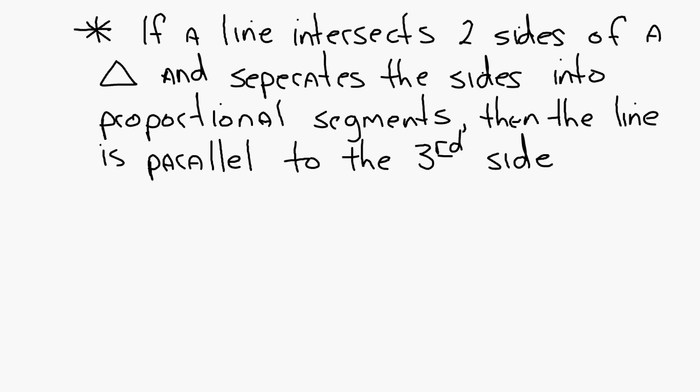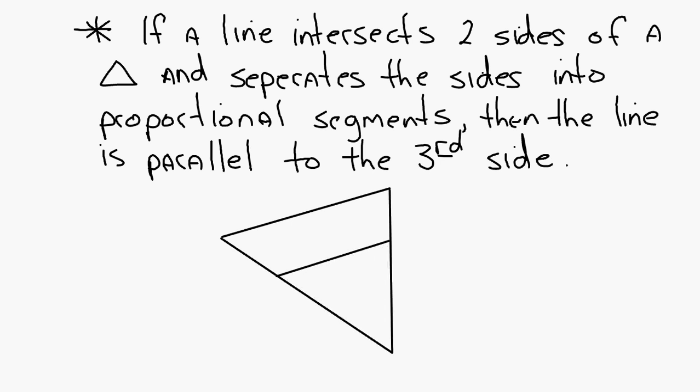And let's take a look at the examples on page 491. Example number 2. They give you this triangle, D, E, F, G, H. We're going to use the same triangle for two scenarios here.